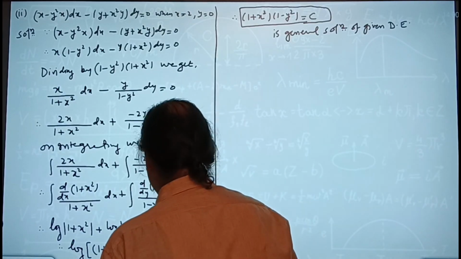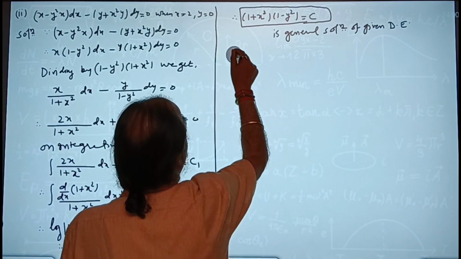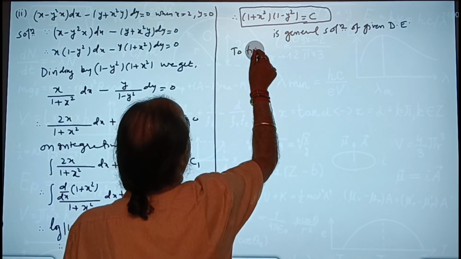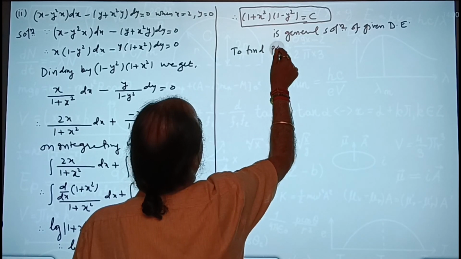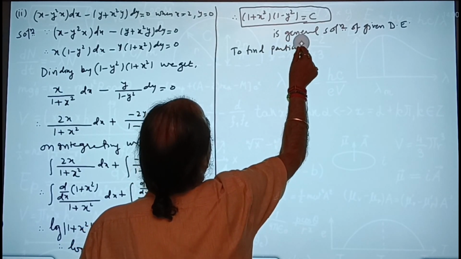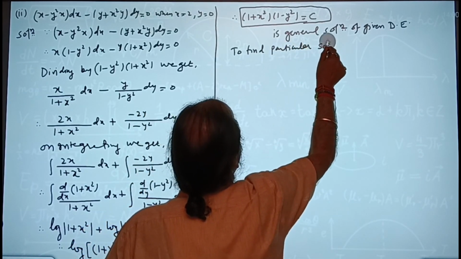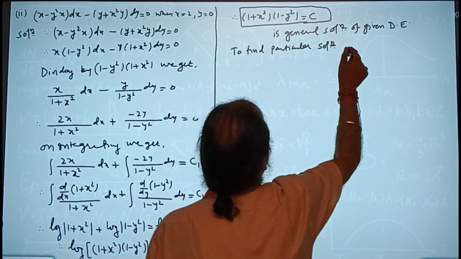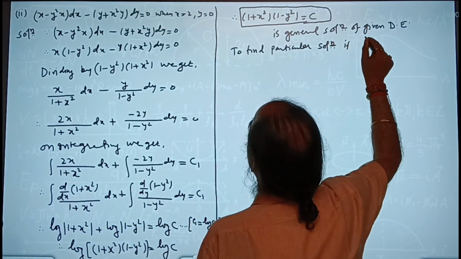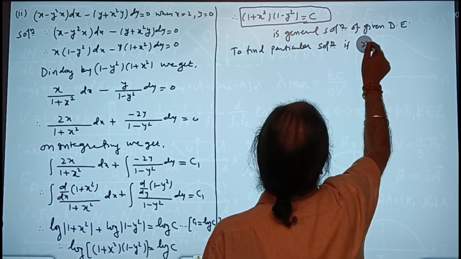To find particular solution if x is 2, y 0.